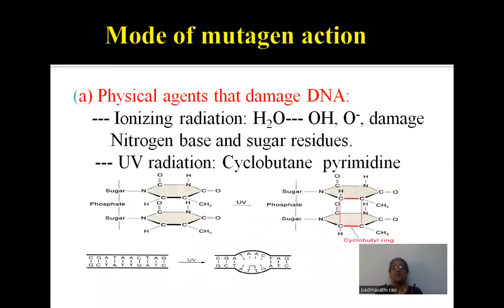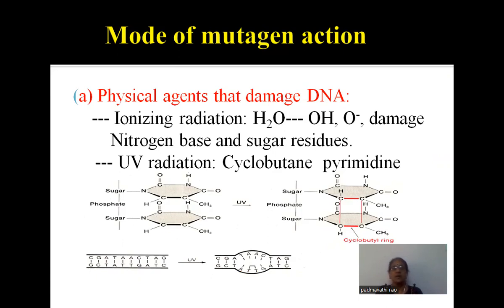Now let us discuss the mode of mutagenic action, how these mutagenic agents work on plants or animals. First, I am going to explain the physical agents that damage the DNA, and how they damage DNA for the creation of new varieties or abnormalities.